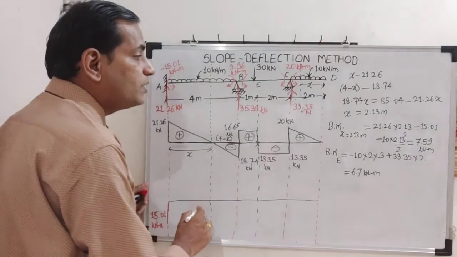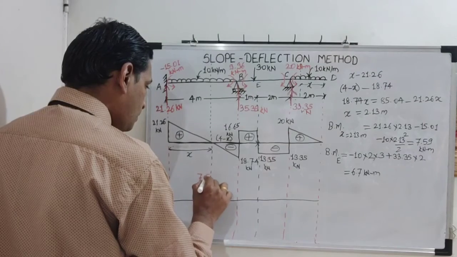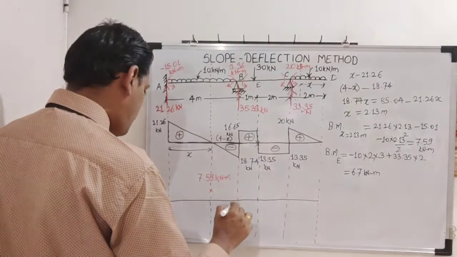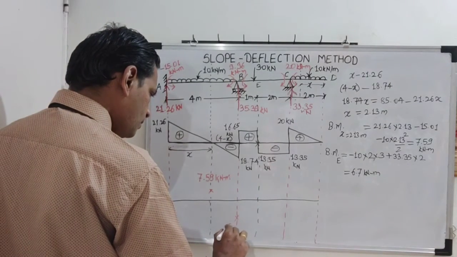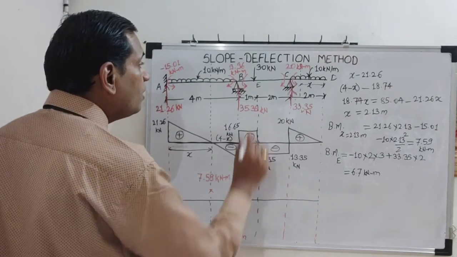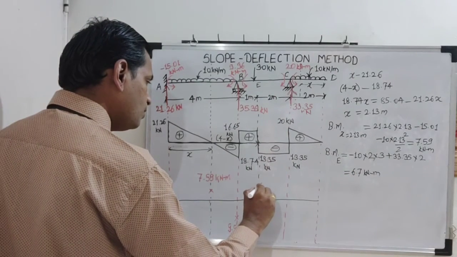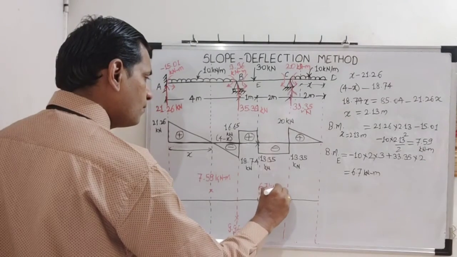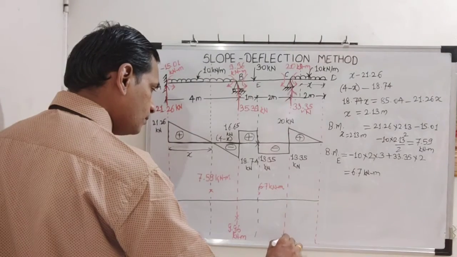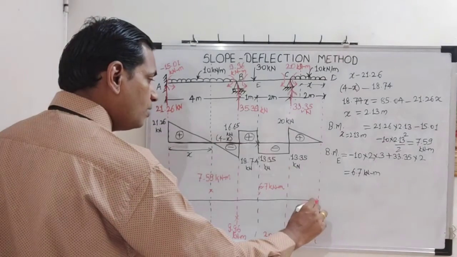Here we have a plus value of 7.59. Next, here the value is 9.96. Then under 30 we have a plus value of 6.7. Then on joint C we have 20. And here it is 0.